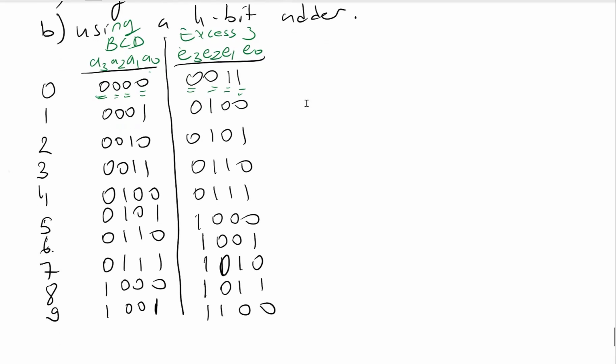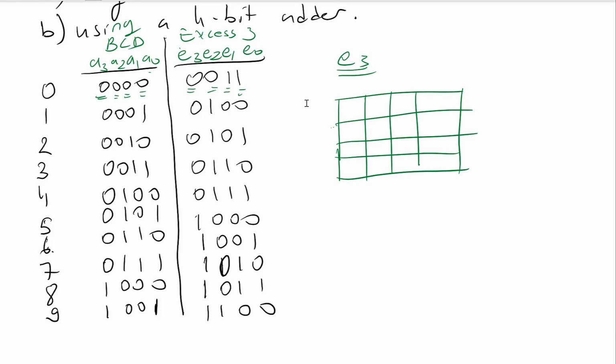If I use the truth table method, I need to make a Karnaugh map for each of my outputs. So let's say A3, and then I draw my 4 variable Karnaugh map. So this will be A3, A2, A1 and A0.